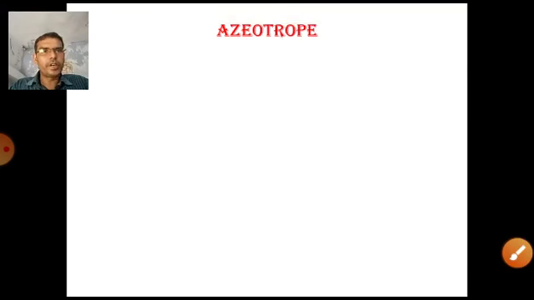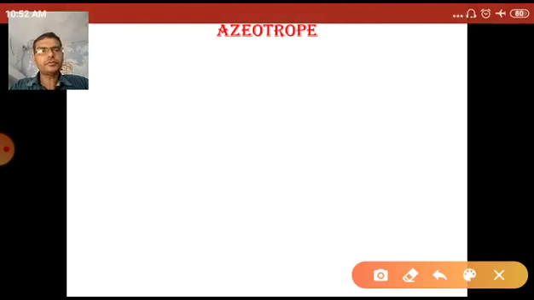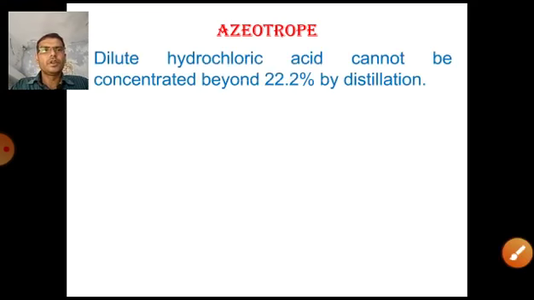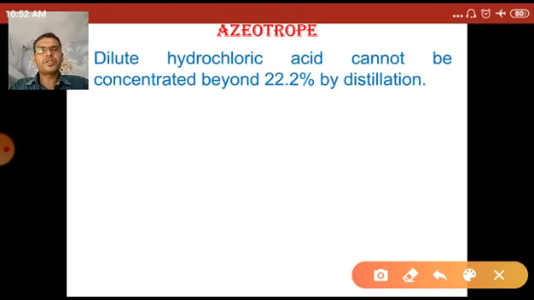Now one term: what is the azeotrope? Dilute hydrochloric acid cannot be concentrated beyond 22.2% by the distillation process.